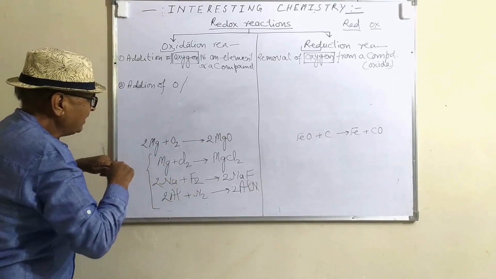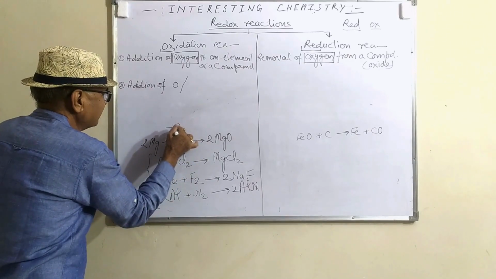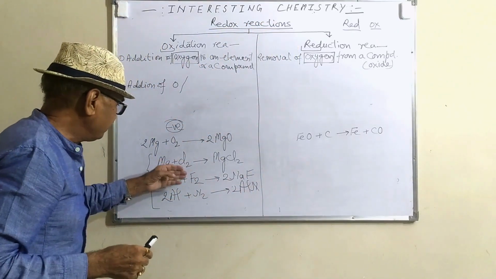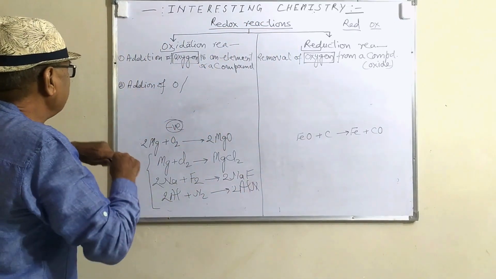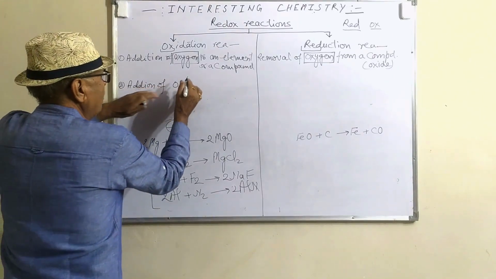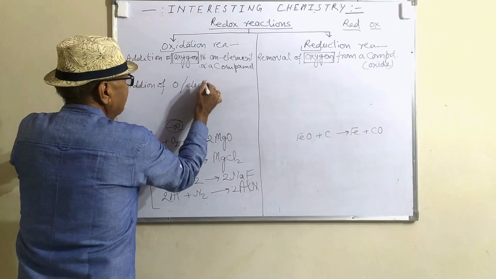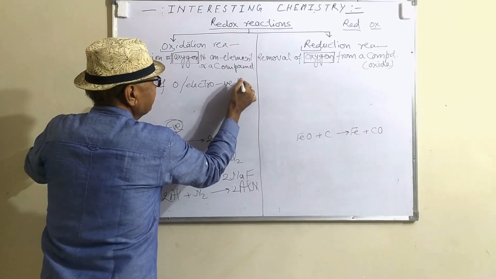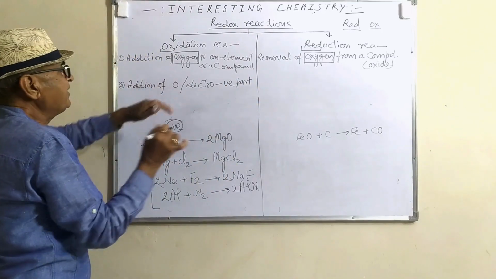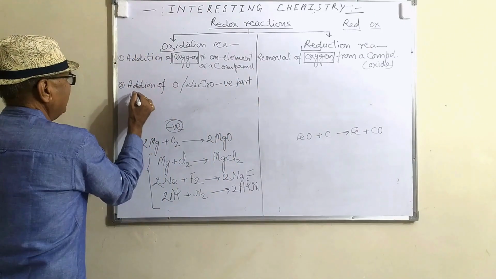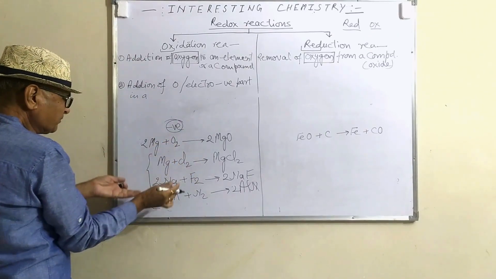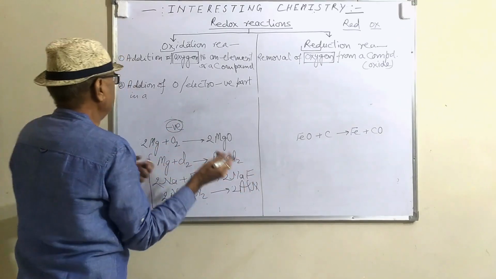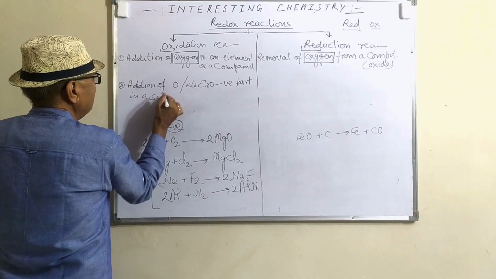These are all electronegative parts: oxygen, nitrogen, chlorine and fluorine are electronegative. Then the addition of oxygen or an electronegative part in a substance, whether it is a metal or a compound, is oxidation.